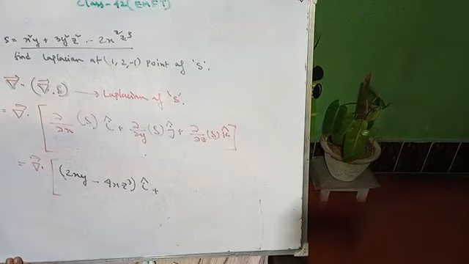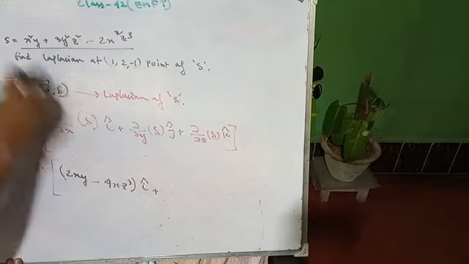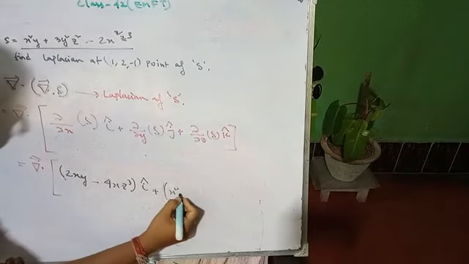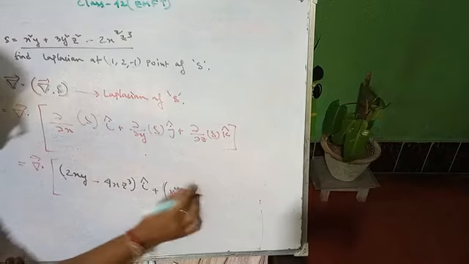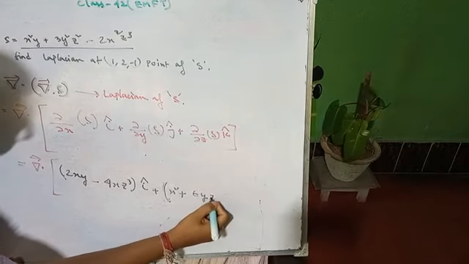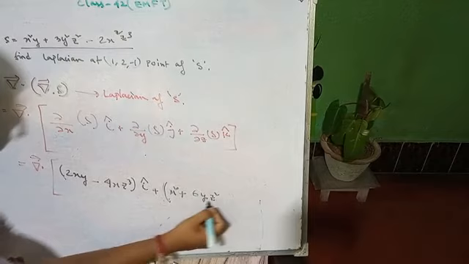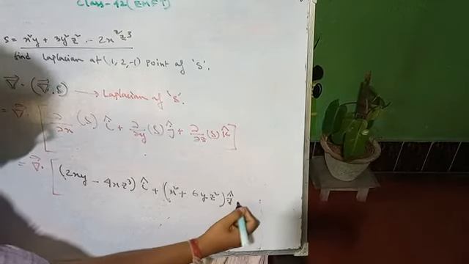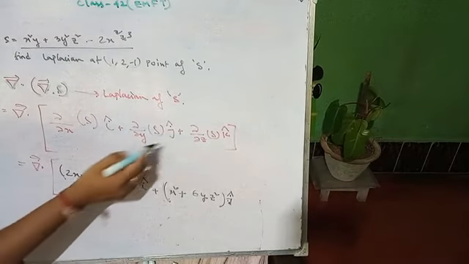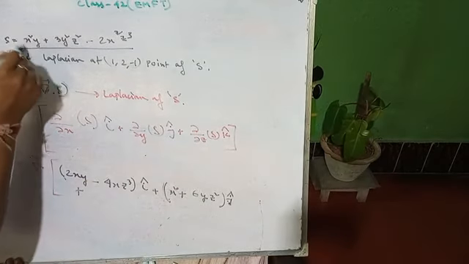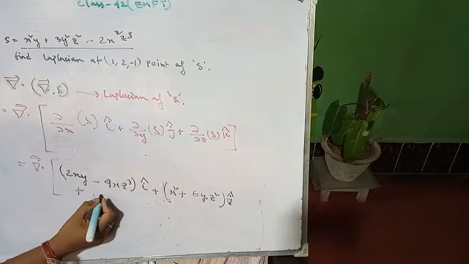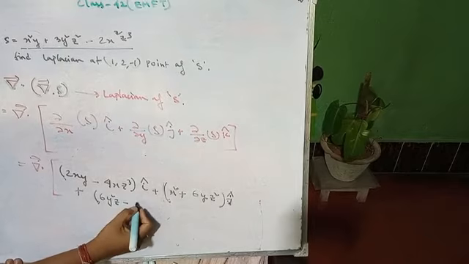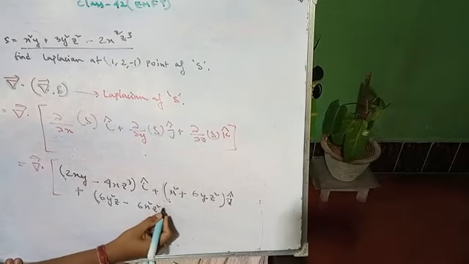Plus del y: y with respect to y gives x square for this term, and plus 6yz square for this term, minus 0, so it will be j cap. And the last one, del z of S: plus 6y square z minus 6x square z square k cap.